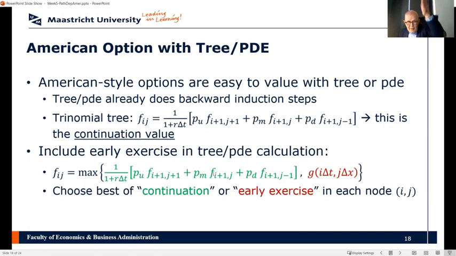I have now evaluated my conditional expectation, or my continuation value, for all my states of the world j in the time slice I. And then for every state of the world j at time slice I, I'm going to compare this continuation value with my early exercise value, and I take the best of the two. And that is then my updated value for Fij.